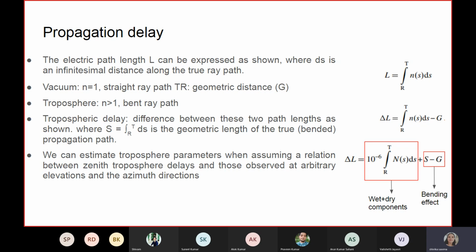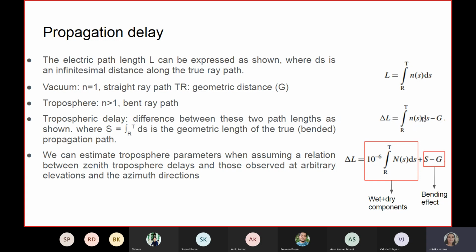And there is a true ray path, which is the actual distance traveled by the signal, which contains the extra error portion due to the signal propagation in the atmosphere. So naturally the difference between these two quantities will give you delta L, that is tropospheric delay. Okay, as you can see here in the second equation, subtraction of these two quantities is the tropospheric delay.